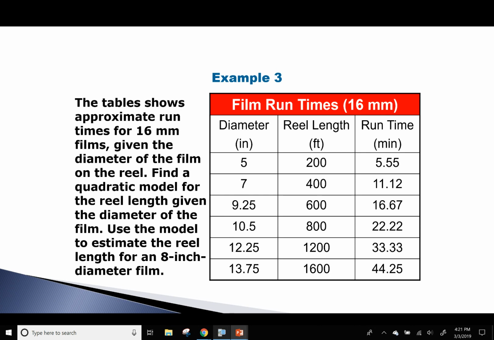So example 3 here. The table shows approximate run times for 16 millimeter films, given the diameter of the film on the reel. Find the quadratic model for the reel length, given the diameter of the film. Use the model to estimate the reel length for an 8-inch diameter film.